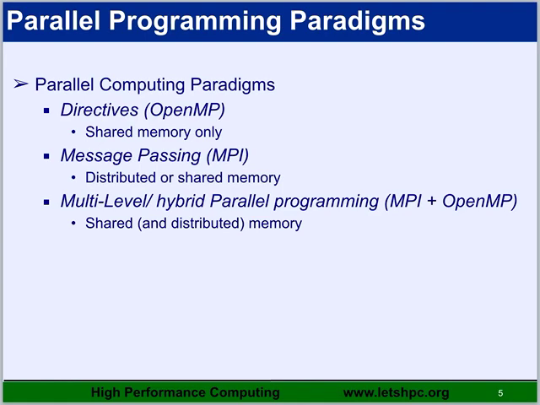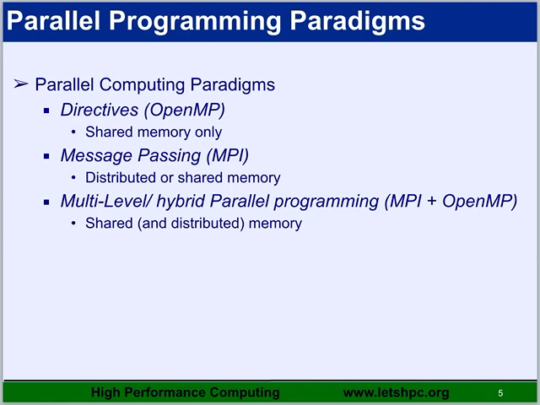We can also discuss multi-level or hybrid parallel programming, which is a combination of message passing interface and OpenMP. So basically, we are trying to combine both the paradigms together, I mean, shared memory and distributed memory parallel computing systems. If you remember, there are three levels of parallelism.